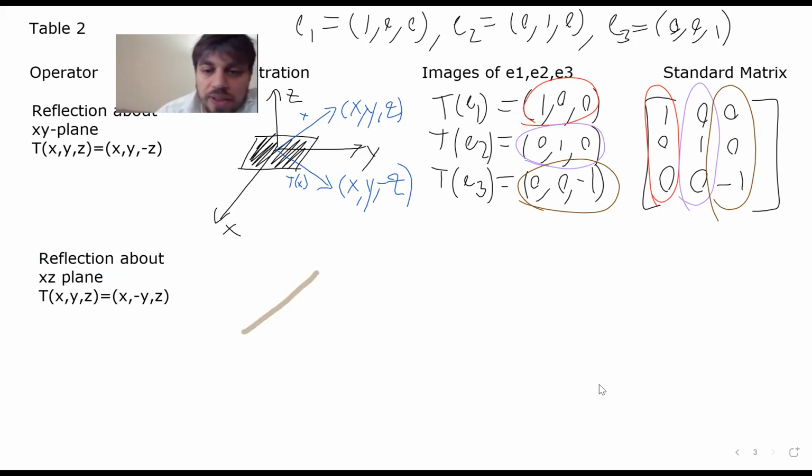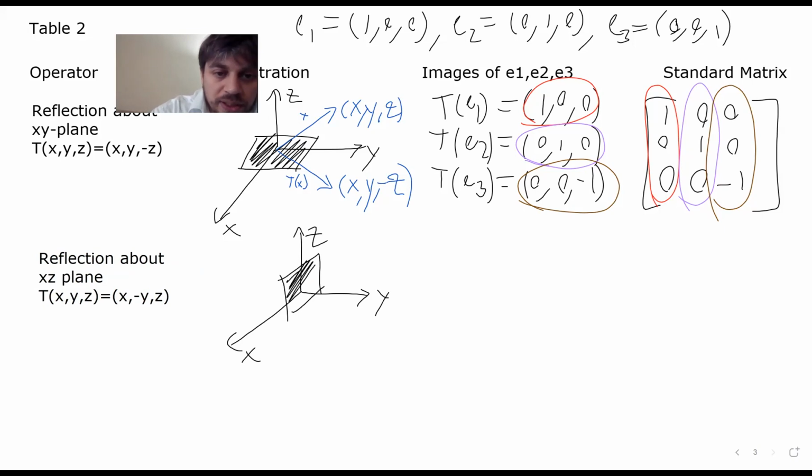So if you have your x-axis, your y-axis, your z-axis, and you have the xz plane, which is now this direction, going in all directions there.